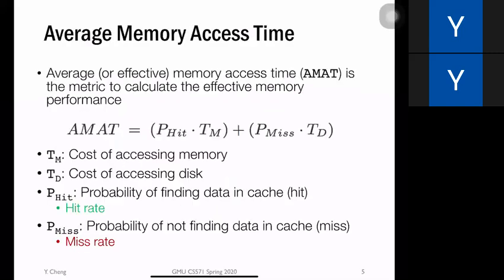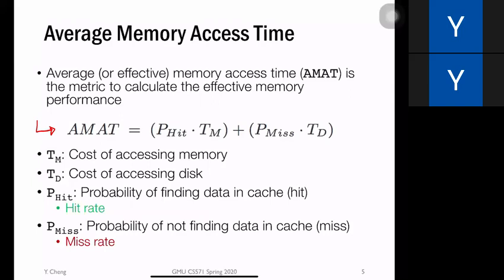So how to basically model the performance is by using this metric, which is called AMAT, or average memory access time, or you could also call it effective memory access time, okay? So how to calculate this is by referring to this equation. This equation has two parts, two factors. The left factor is what if there's a hit, and the second factor is what if there's a miss, right?